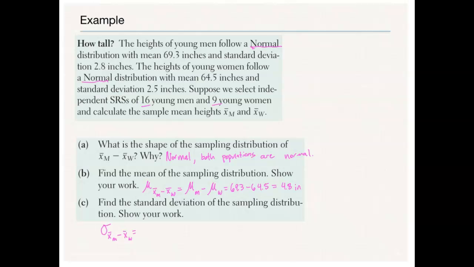So for us, this is going to be the root of 2.8 squared over the sample size for men, which was 16, plus 2.5 squared over the sample size for women, which was 9. I'm just going to pop that in the calculator. That comes out to about 1.09 inches.